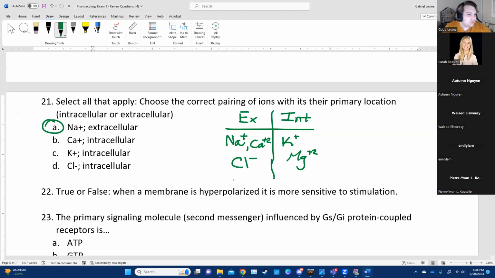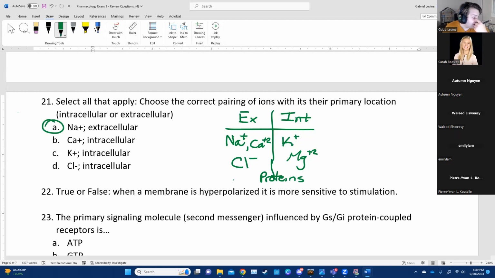What about proteins? Where can we find proteins? We could definitely find proteins inside the cell, right? Because they're made there. But what is also a major protein that floats around in the blood? Albumin. So the answer is both. What about phosphate?